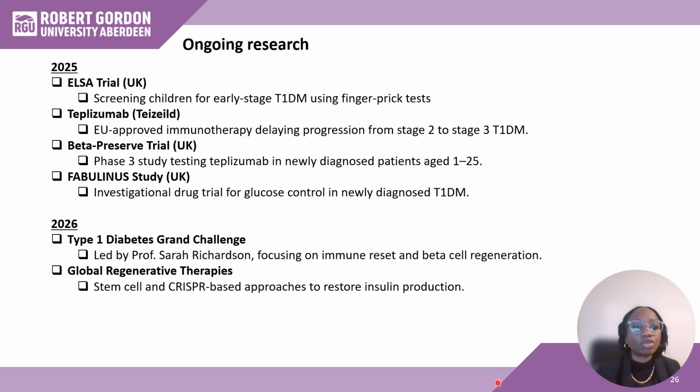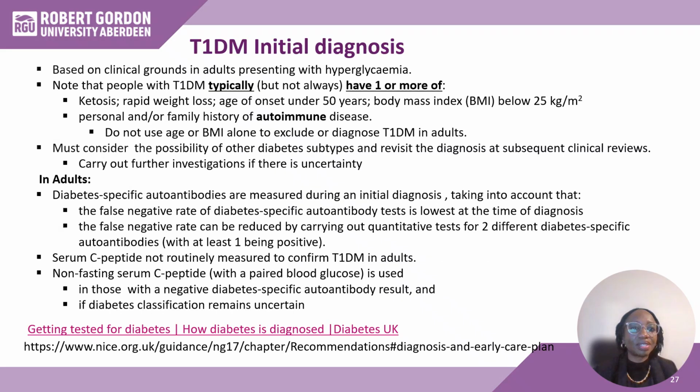And then we also have global regenerative therapy, such as stem cell and CRISPR-based approaches to restore insulin production. So a lot of work is ongoing at the moment because there are still a lot of unknown factors, sadly. But again, we are hopeful that one day the research will bring some hope in the prevention of type 1 diabetes.